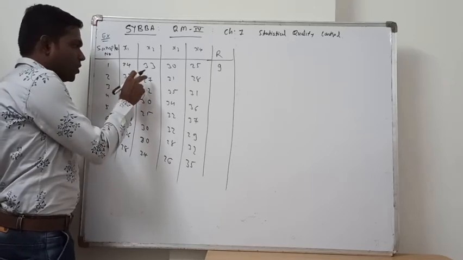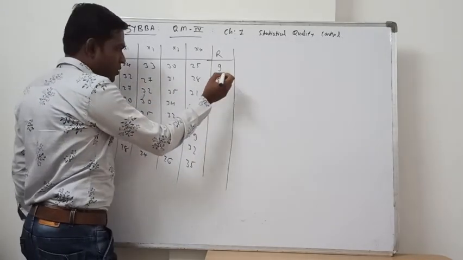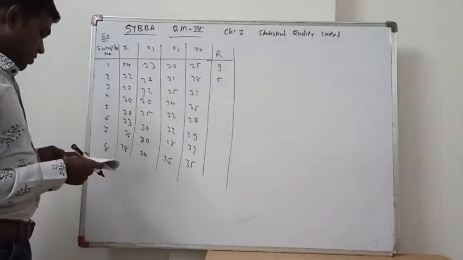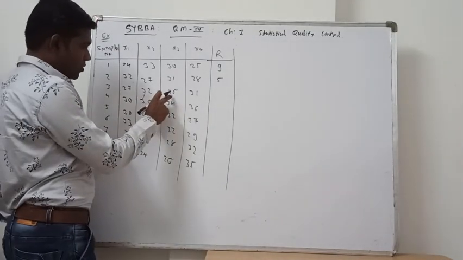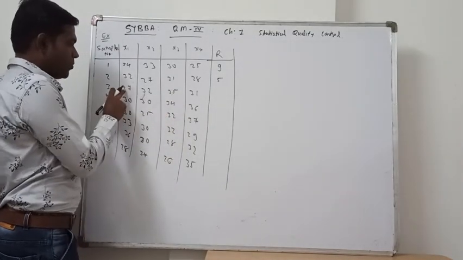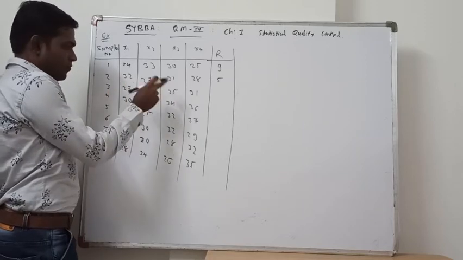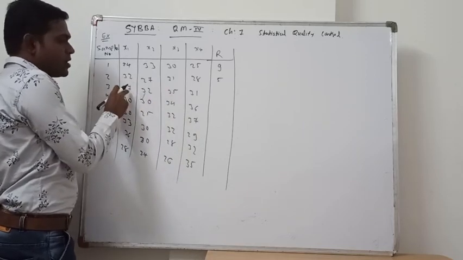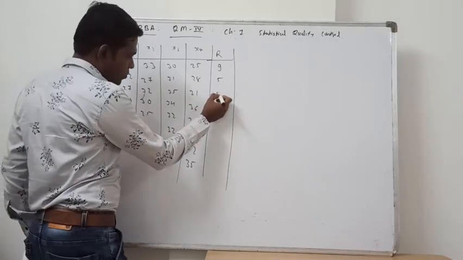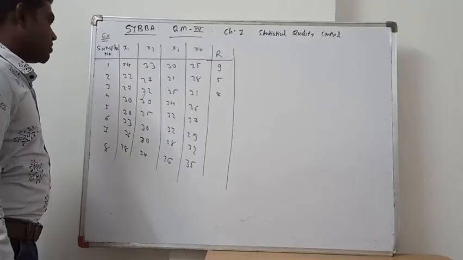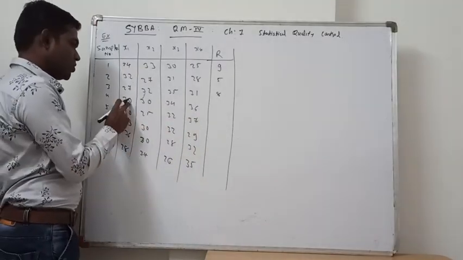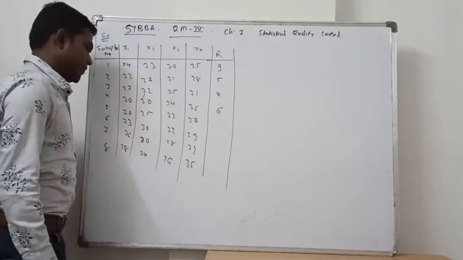The difference is 5. Next one, the highest observation is 35, the lowest observation 27. The difference is 35 minus 27, the answer is 8. Next, the highest observation 36, lowest 30. The difference is 6.